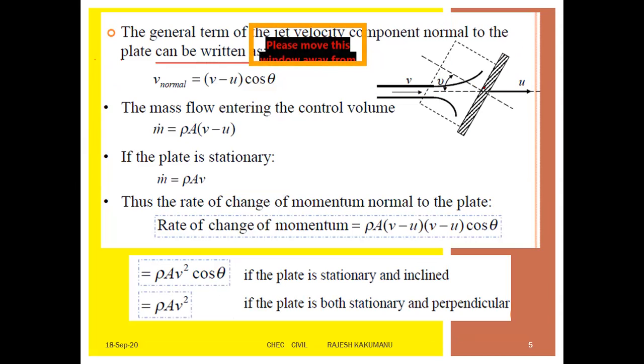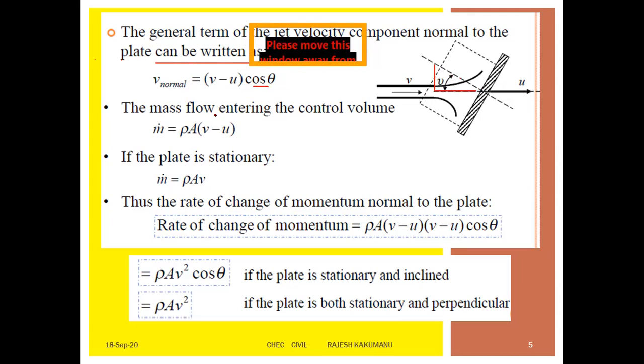Whenever it is inclined, the velocity of the jet: V normal is equal to (V minus U) cos theta, because it is making an angle. If you make a triangle with this, with angle theta, we take the adjacent side by the hypotenuse, that is (V minus U) cos theta.